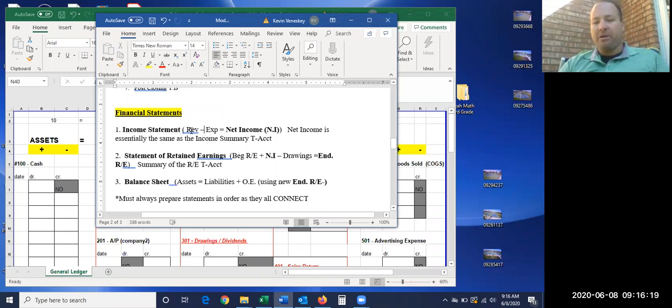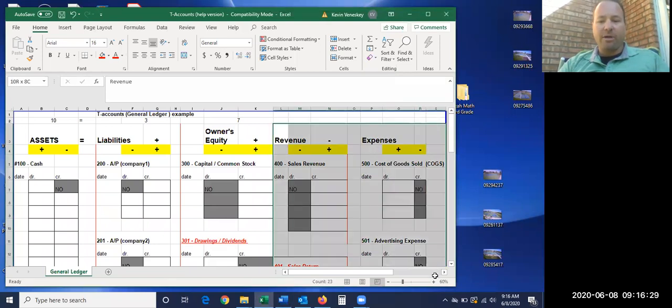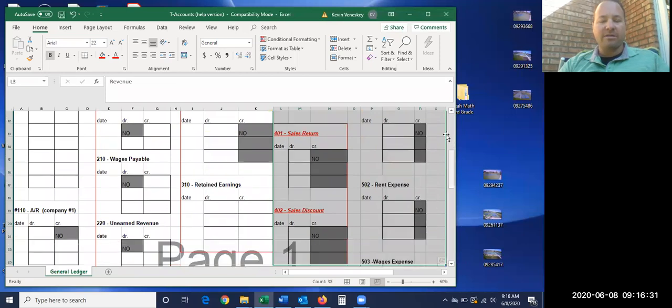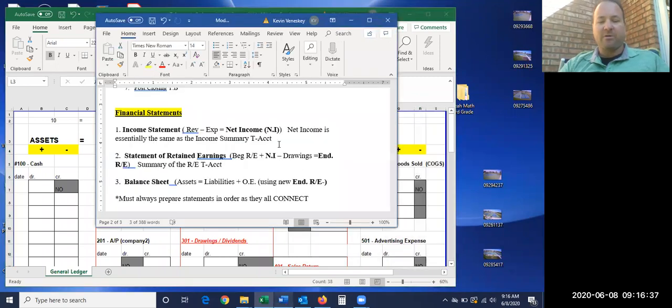What the income statement involves are all of your revenue and expenses. So when we're looking at the T account sheet here, all of the accounts in the revenue and expenses go to the income statement. So that's our first thing that we definitely have to remember for this class.